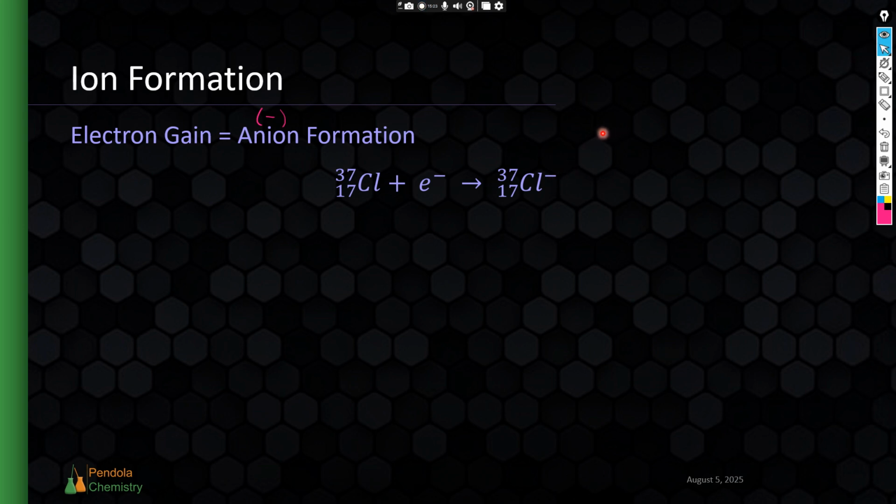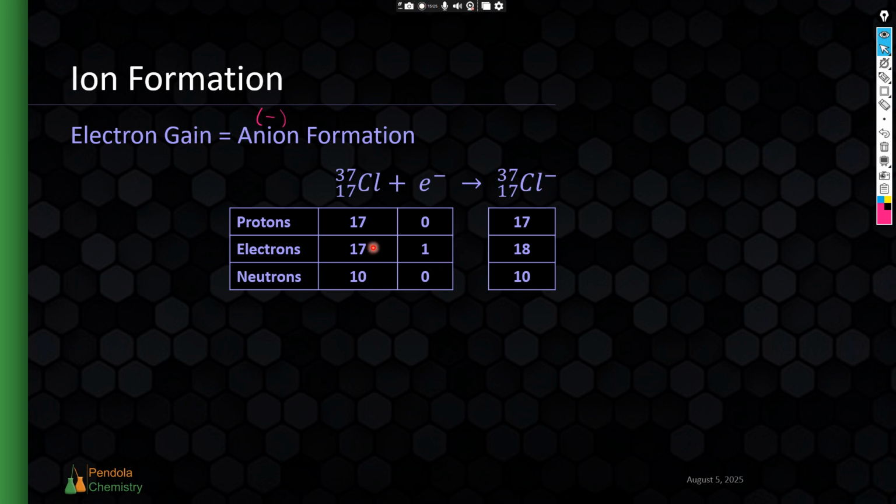That means that we can have, in this particular case, Cl-37, which has 17 protons and 17 electrons if it's neutral, because anything that is neutral has the same number of protons and electrons.